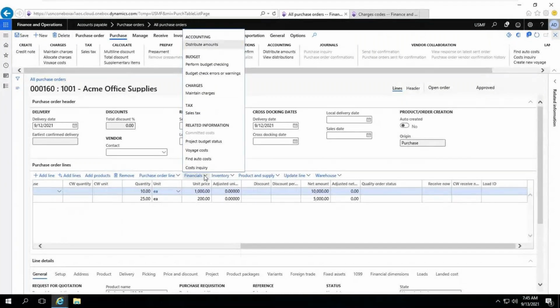Fine. Financials, maintain charges. Now, whatever calculation we just did, it will show you. It is 47 point something. That amount will be shown in the first line. Look at this one, because this is 10 quantity only.